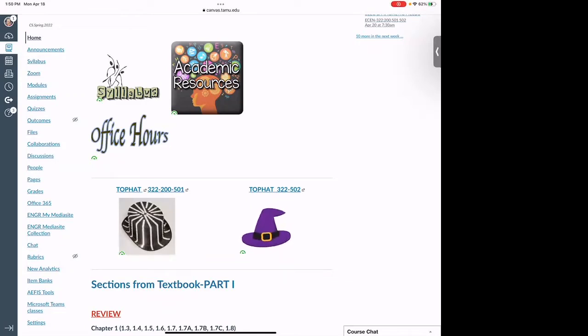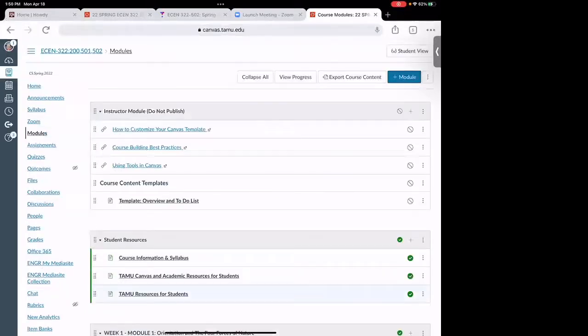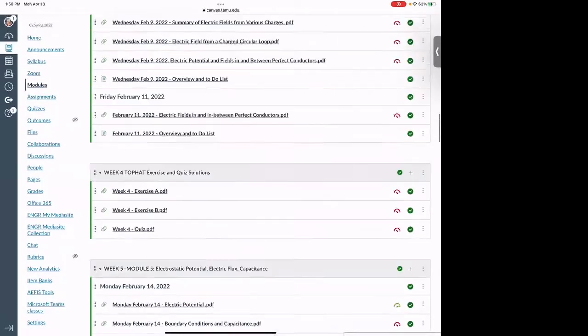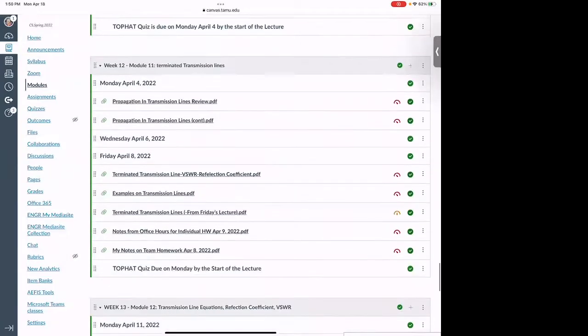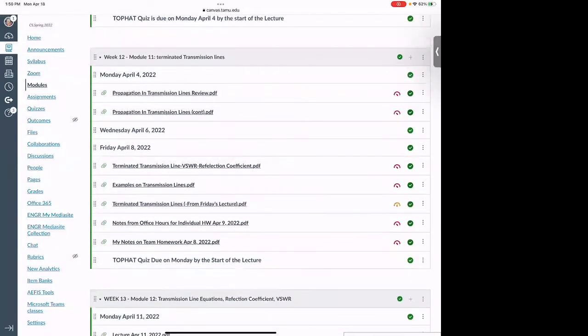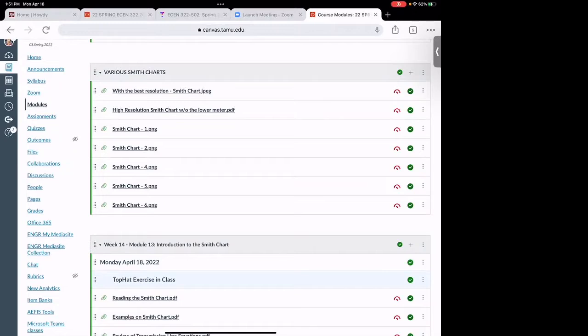Let me just remind you that under modules, I have incorporated a number of Smith charts that you may select to use for this week and next week.